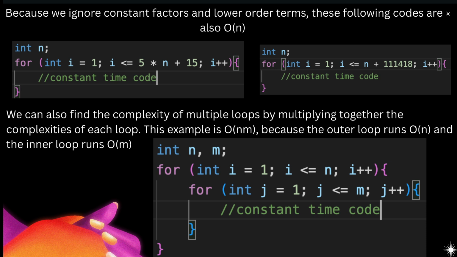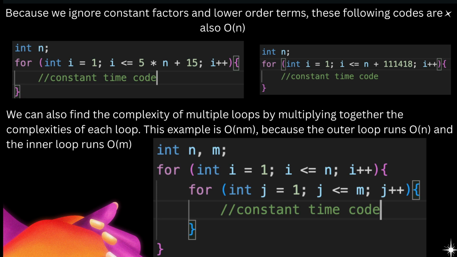We find the complexity of multiple loops by multiplying together the complexities of each for loop. As you can see here, we have two for loops.